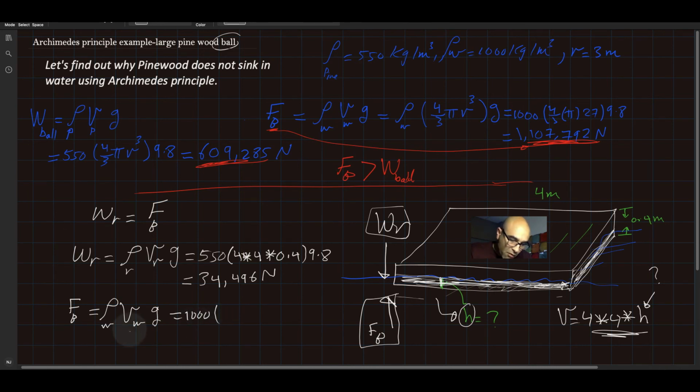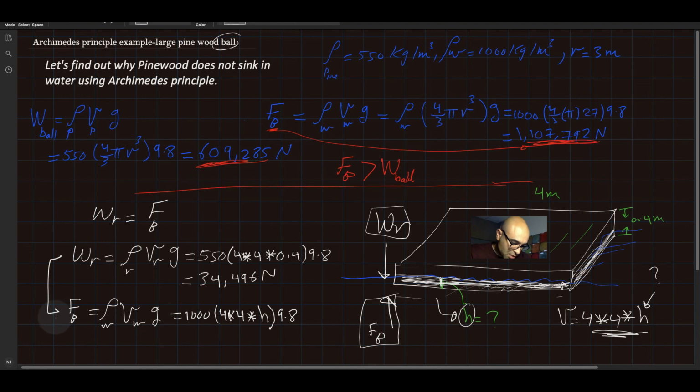The volume of the displaced water is basically 4 times 4 times how much of the raft was sunk, which is h, submerged underwater, times 9.8.